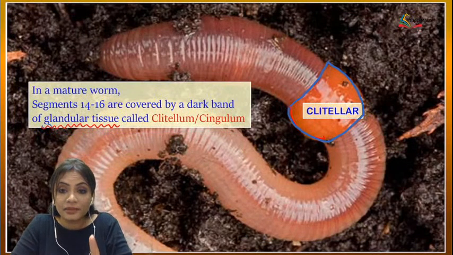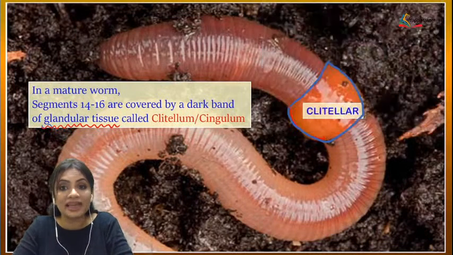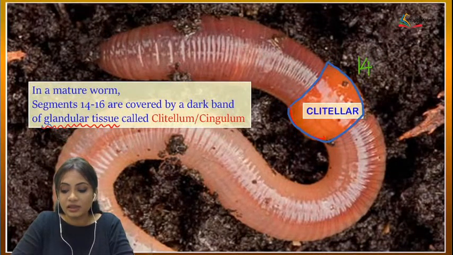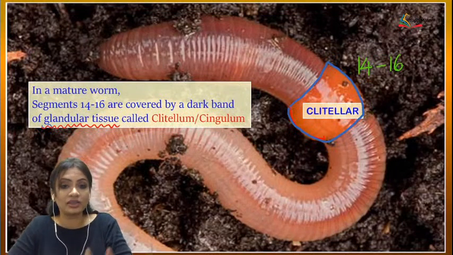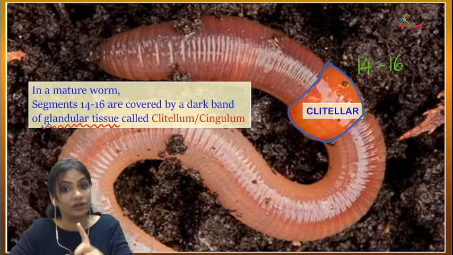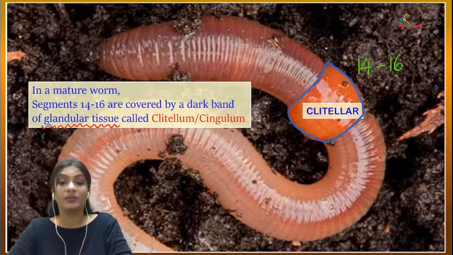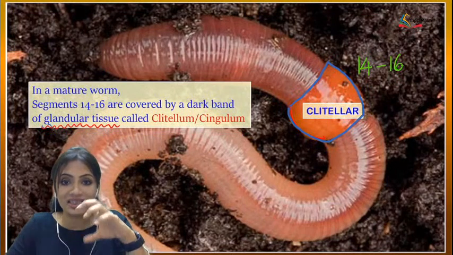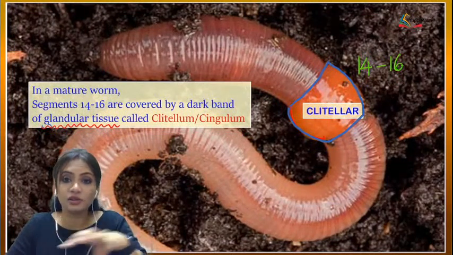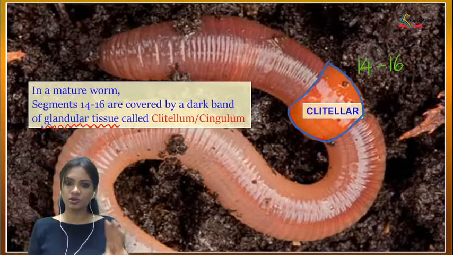Now the clitellum is located at which area? Remember, it is located from segment 14 till segment 16. So segments 14 to 16 are covered by a dark band of glandular tissue, which is called the clitellum in a mature worm. Because of the presence of this clitellum, this earthworm can be divided into 3 regions. Which are those 3 regions?